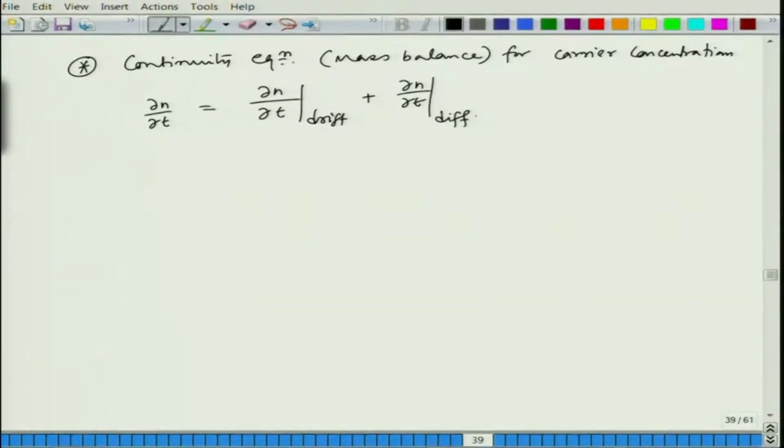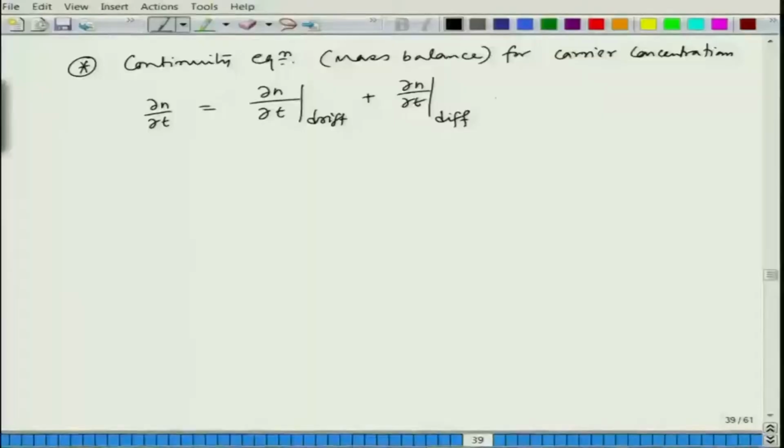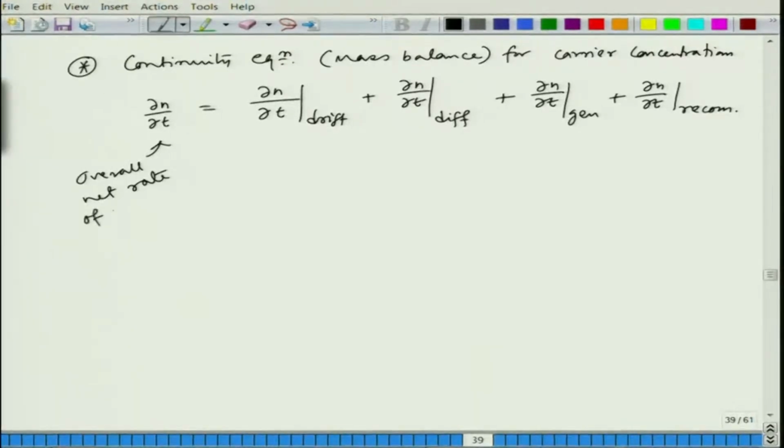For any control volume if you take, there will be some flux terms coming in and going out, and there will be some generation and recombination. Okay. So, first two flux terms and then the generation term and the recombination term, right. So, that will give you the overall net rate of increase of electron concentration, isn't it?